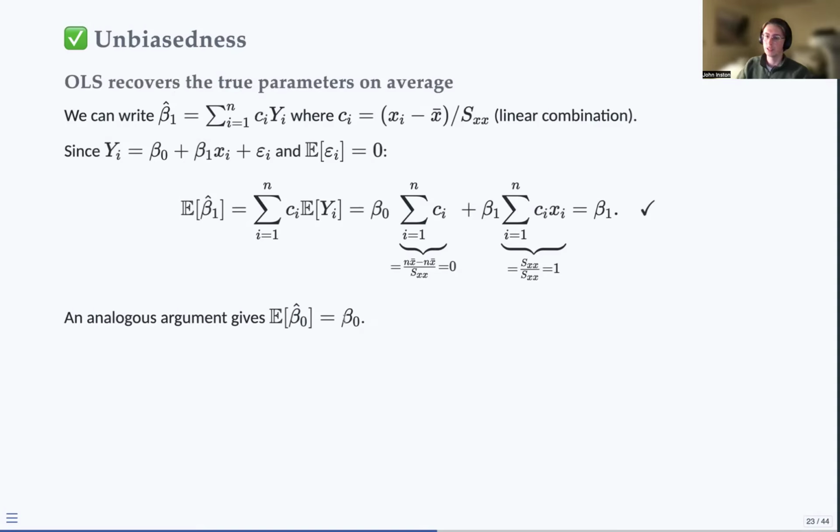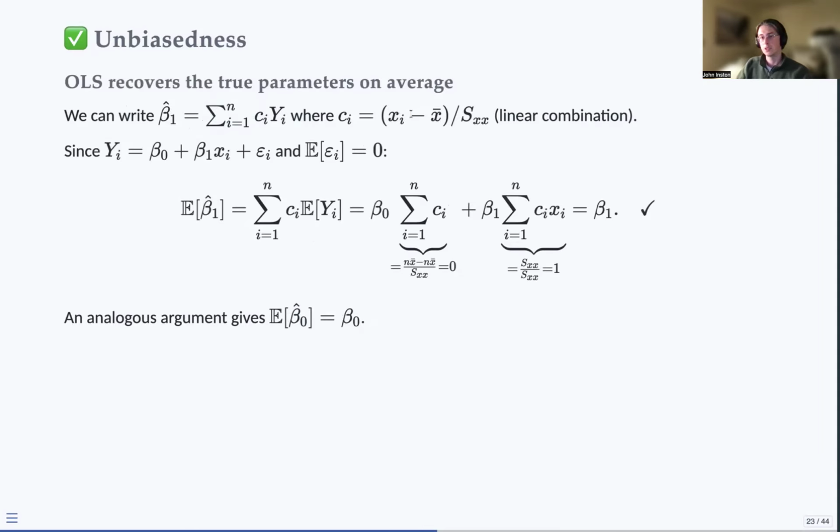You can see the same result online for beta hat 0. To show how this is computed for beta hat 1, we can write it as the sum of Ci times Yi, where Ci is (Xi minus X bar) over Sxx. This follows from the normal equations that we defined earlier.